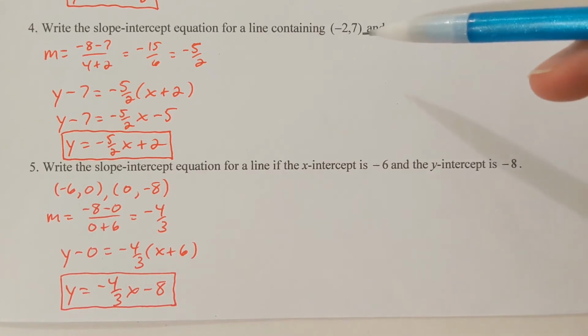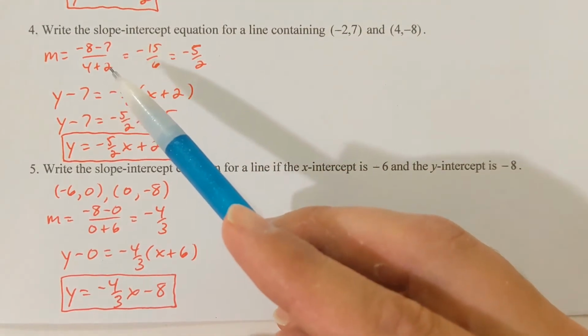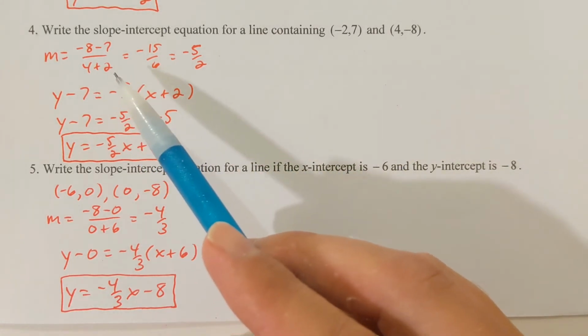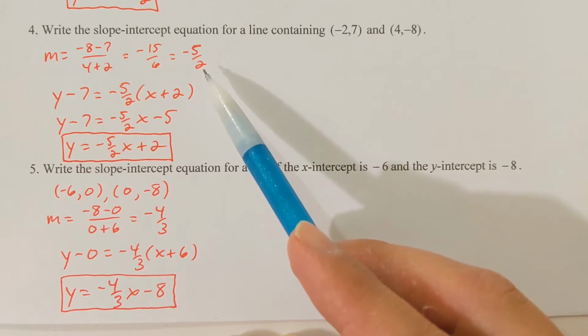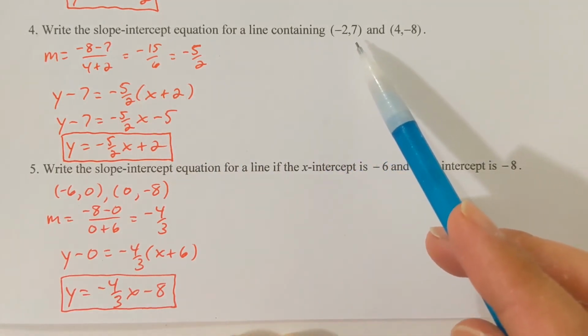So y2 minus y1, negative 8 minus 7, divided by the difference in the x values, x2 minus x1, 4 plus 2, equals negative 5/2. So then I can use the point-slope equation, use either point.